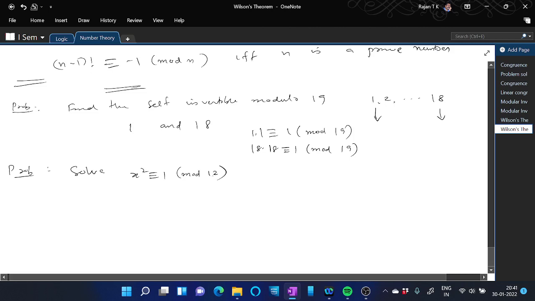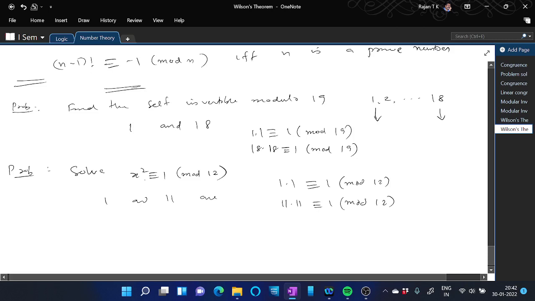Here the modulus is 12, and we have the result that 1 and 11 are self-invertible modulo 12, because 1 into 1 is congruent to 1 mod 12. 11 into 11 is also congruent to 1 mod 12, because 11 times 11 is 121, minus 1 is 120, a multiple of 12.